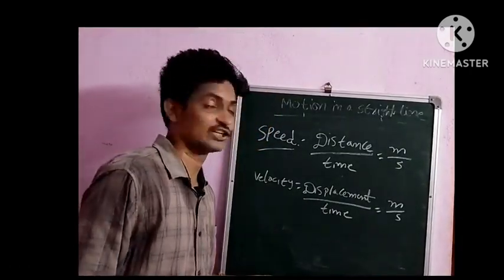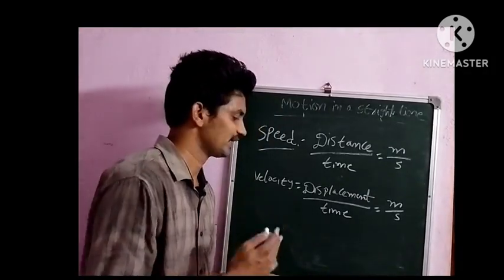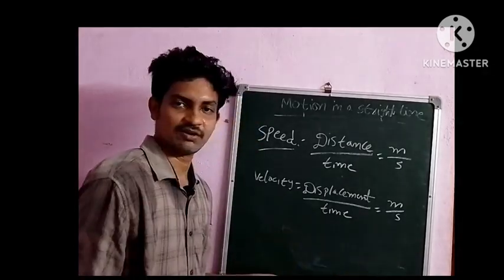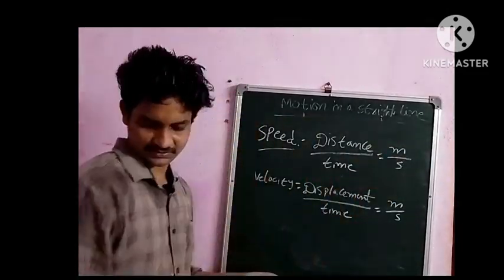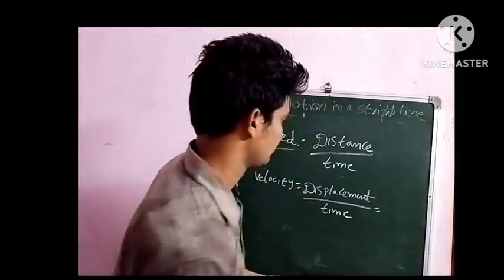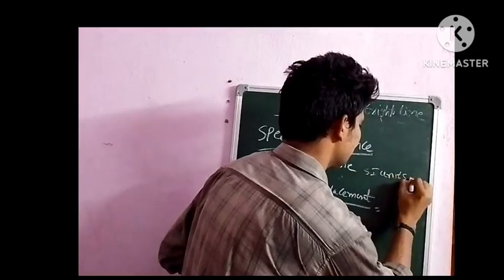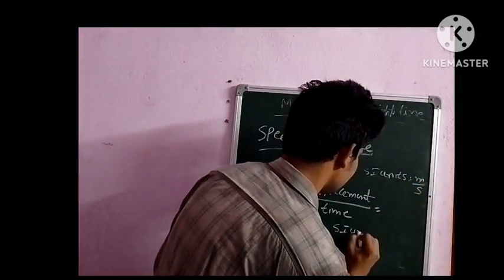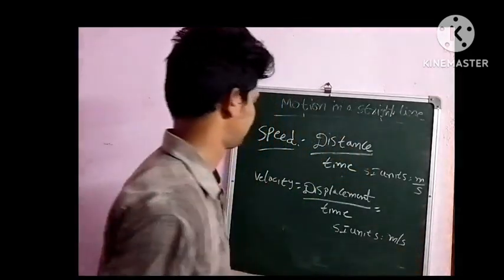Speed is nothing but the ratio of distance and time. The ratio of displacement and time is nothing but velocity. The SI units are meters per second.